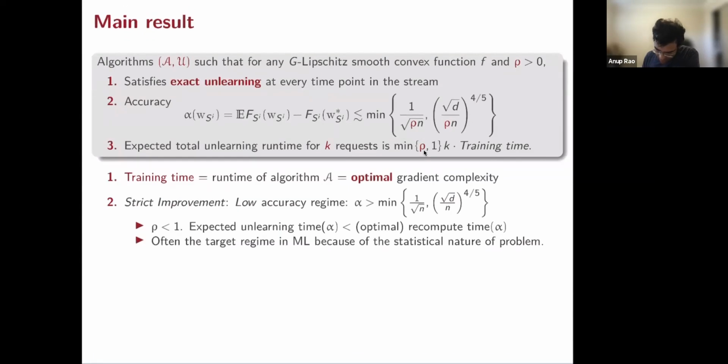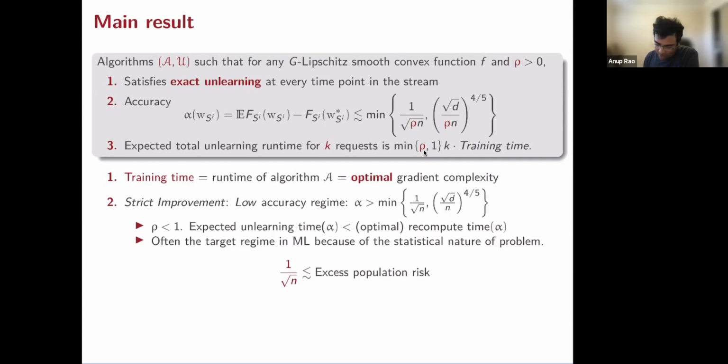And this condition often captures the regime that machine learning problems are interested in, because usually there is a lower bound for the excess population risk.